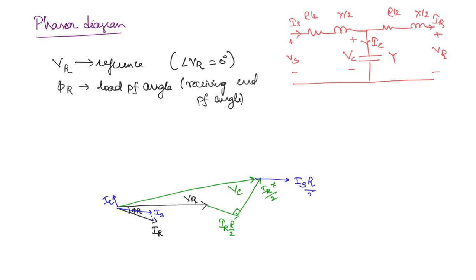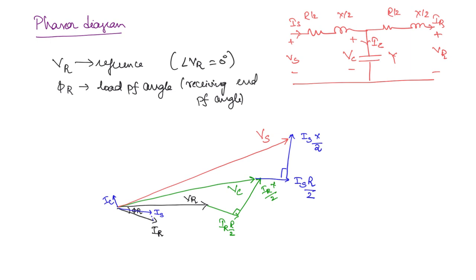So this is IS into R by 2, and here at a 90 degree angle you are going to get IS into X by 2. And now if you add this VC, IS R by 2, IS X by 2, you are going to get the sending end voltage Vs. So this is how you construct the phasor diagram. It's just a little bit of practice, it's actually pretty simple.